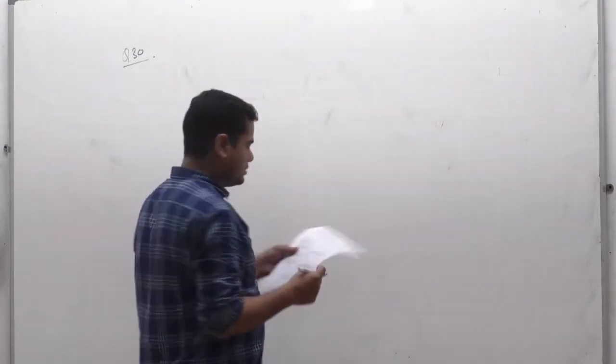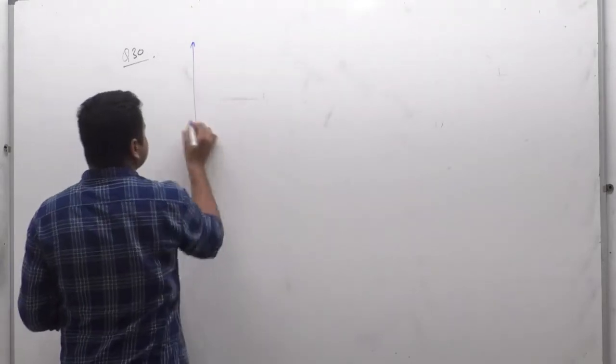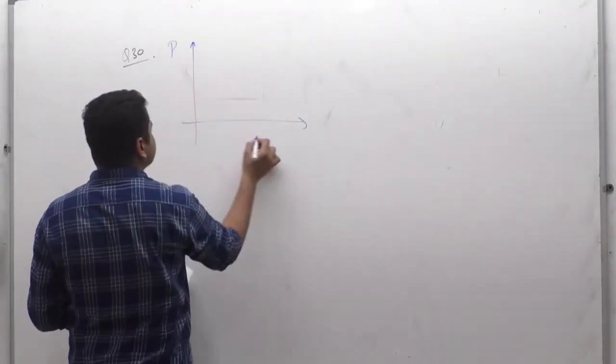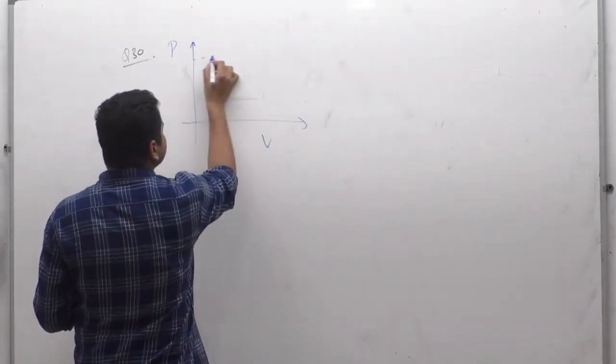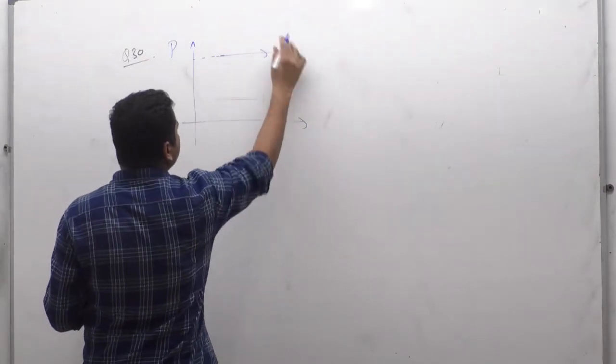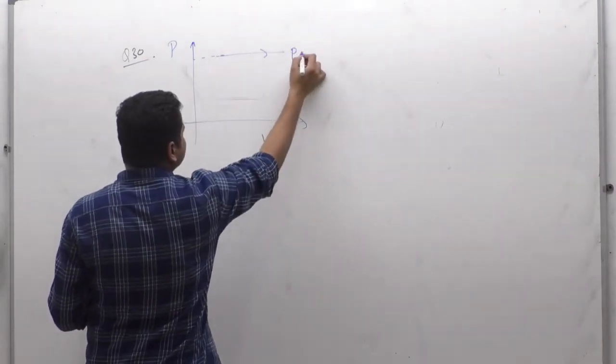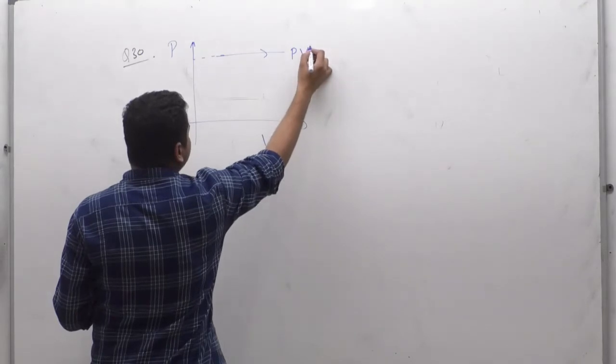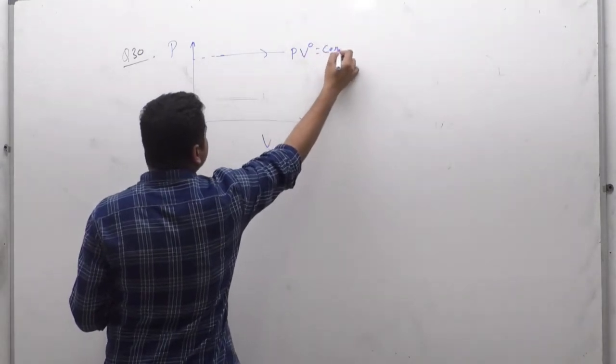In question 30, they have given different processes: isothermal, adiabatic, isobaric, isochoric process. Among these, which one is isothermal? So this is the question, pressure versus volume. If pressure is constant, then the process is called isobaric process. So you can write, pressure into volume to the power 0 is constant.